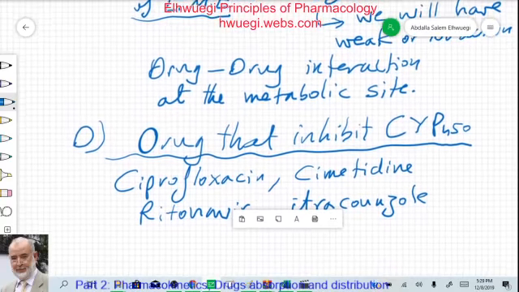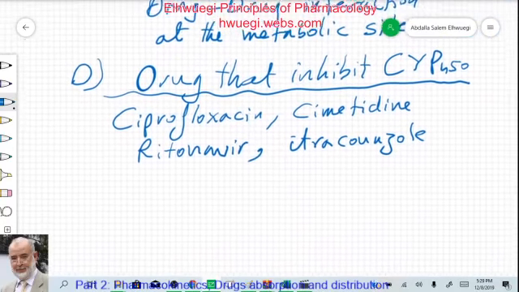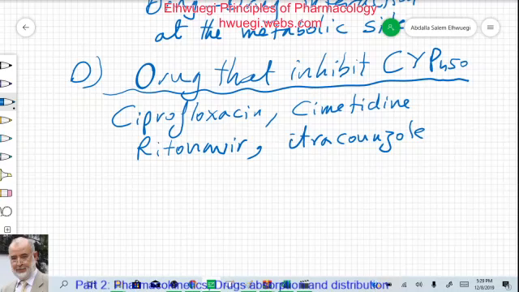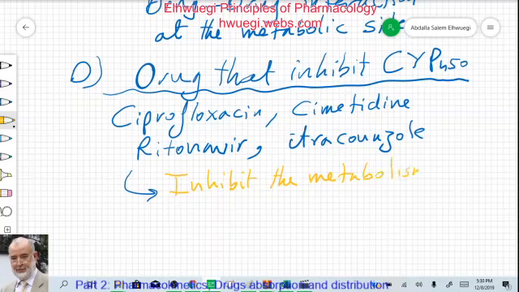These are examples of drugs which can inhibit cytochrome P450. Therefore, what will happen? They will inhibit metabolism. The net result, they will inhibit the metabolism of other drugs metabolized by the same enzyme.